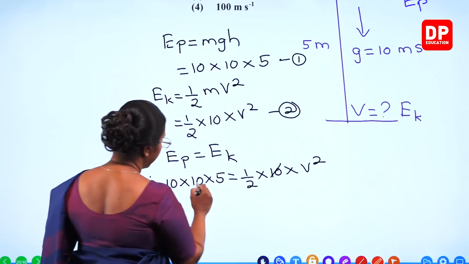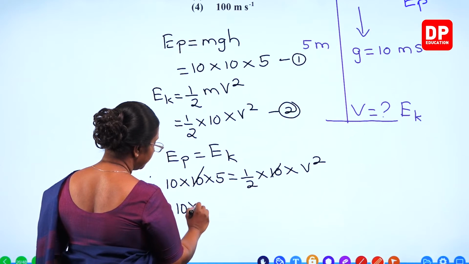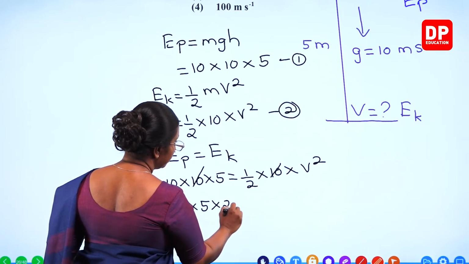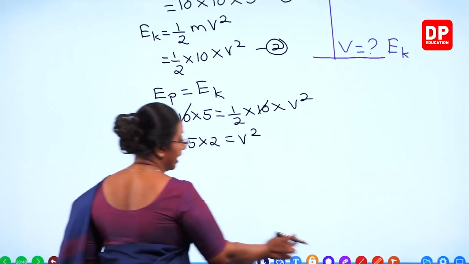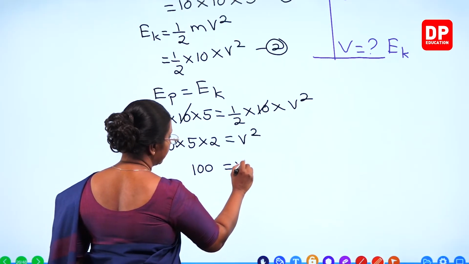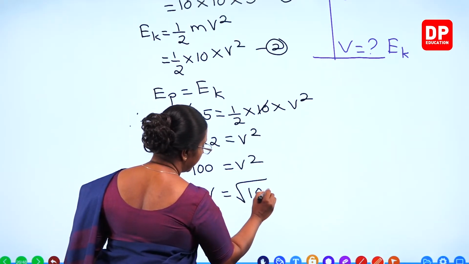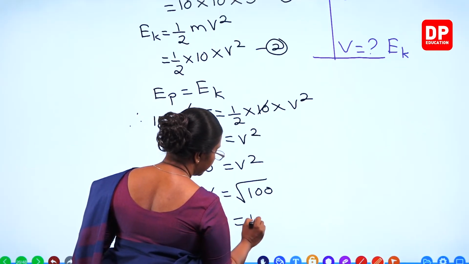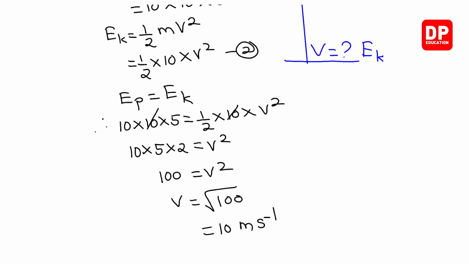From this, we can cancel off these two. So we have 10 into 5 into 2 equals v squared. That means 100 equals v squared. v is equal to root of 100, that is equal to 10 meters per second. That would be the velocity of the jackfruit when it reaches the ground.